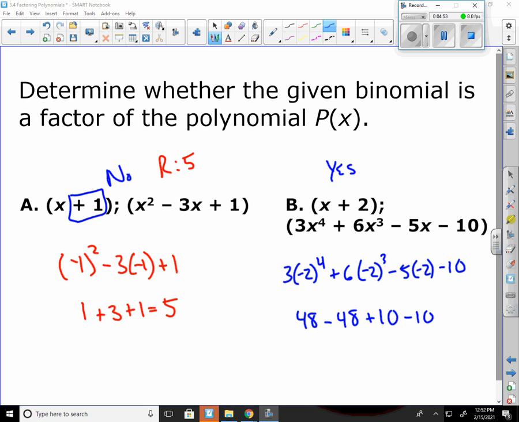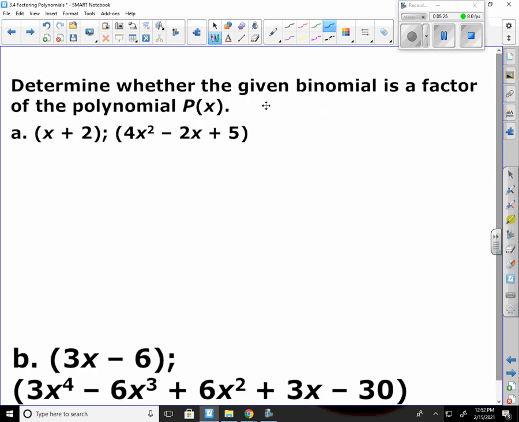And then minus 10. 48 minus 48 is 0. Plus 10 minus 10 gives me a remainder of 0. So just by plugging in, not having to do any division, I can tell whether this is a factor, because it does evenly go into this. So all I need to do is flip this sign and plug it in, and I will find my remainder. Be able to tell whether it's a factor just given that piece.